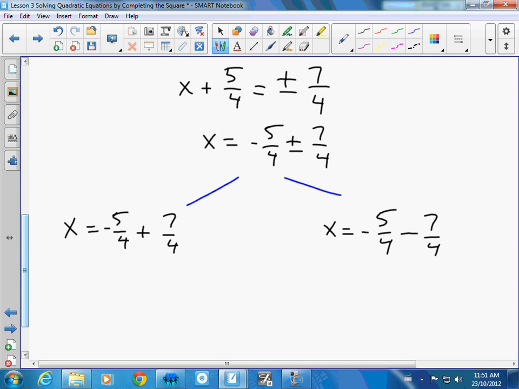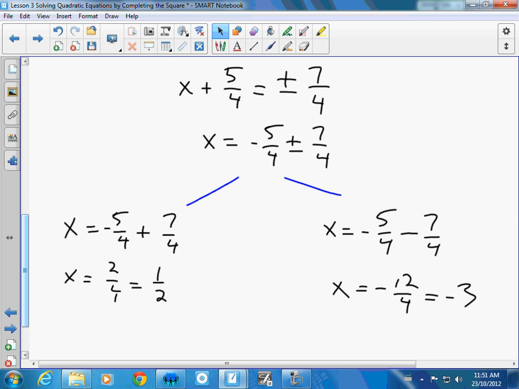Oh, this one's easy. Negative 5 plus 7 is 2 over 4, which is a half. And this one is negative minus a number is negative 12 over 4, which is negative 3. I'll move out of the way so you can help. Right, that's just the straight math, right? That's the two answers.